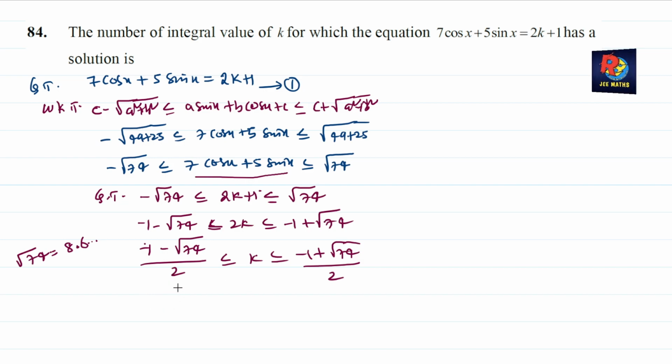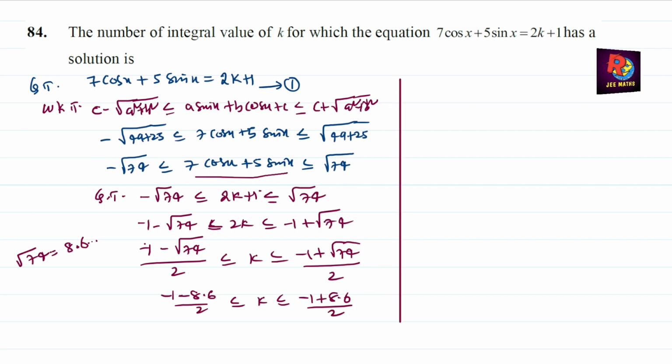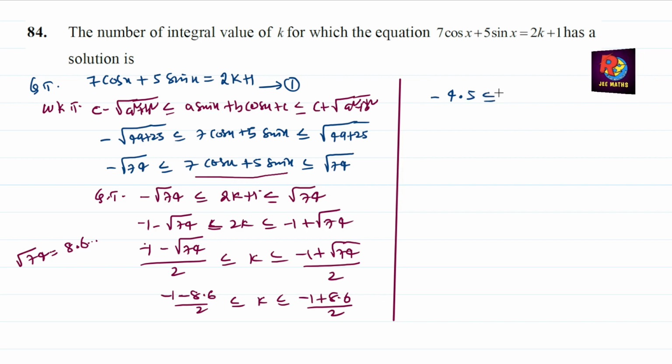If you write 8.6, then minus 1 minus 8.6 by 2 is less than or equal to k is less than or equal to minus 1 plus 8.6 by 2. So now, minus 9.6 by 2 is approximately minus 4.8, and the upper bound is minus 1 plus 8.6, which is 7.6.